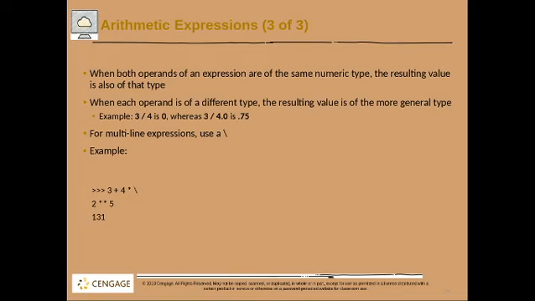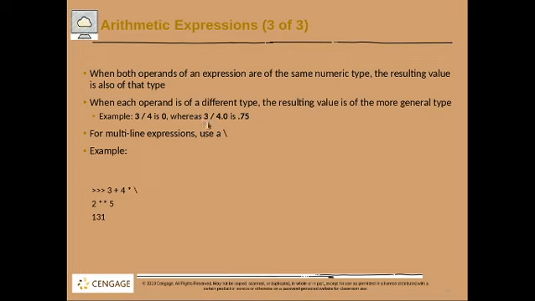For example, here you have the integer 3 divided by 4. It will give you a value of 0 because 3 and 4 are recognized here as integers. But if you have 3 divided by 4.0, so you have an integer and a float, it will give you a value which is a float.